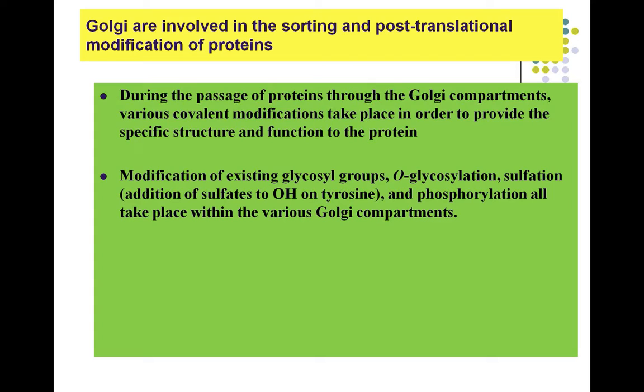There are modifications of existing sugar moieties. There is O-glycosylation. You remember the difference between N-glycosylation and O-glycosylation. N-glycosylation is the addition of the sugar chain to an amide nitrogen, right? Asparagine, for example, is one.